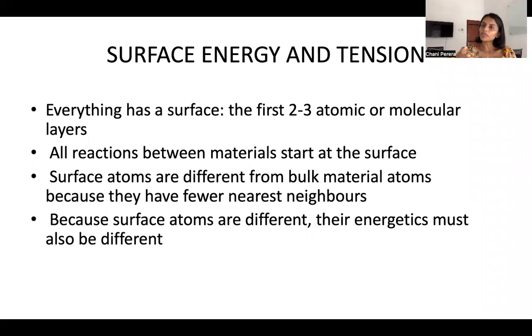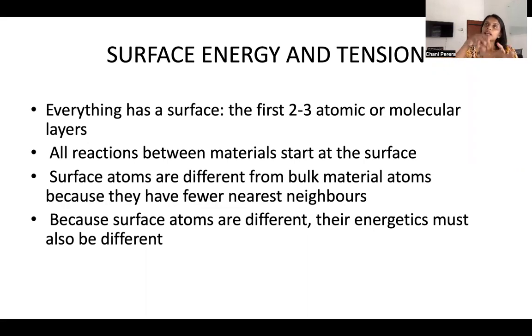Now, all these reactions we talk about between materials, they start at the surface. And surface atoms are different from the atoms or molecules inside the bulk material, because these surface atoms have fewer nearest neighbors compared to the atoms inside the bulk material.